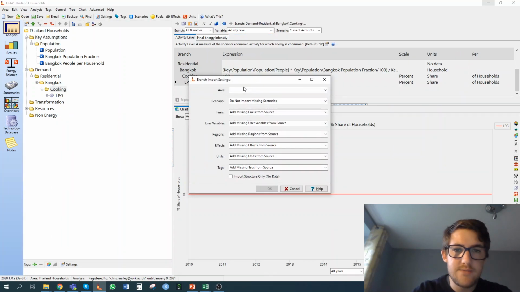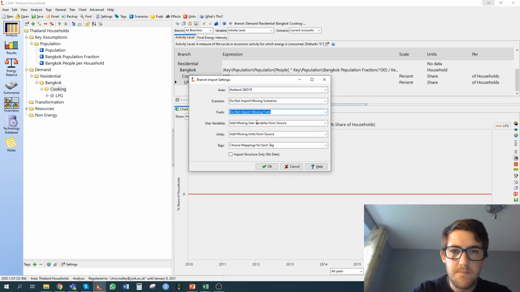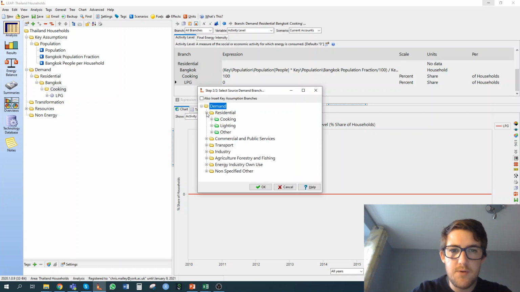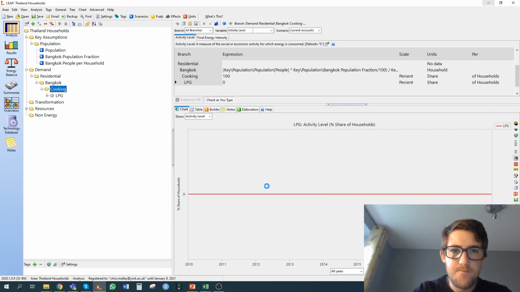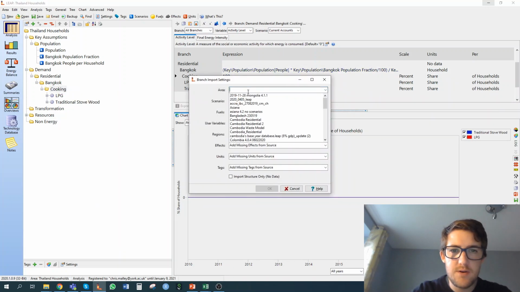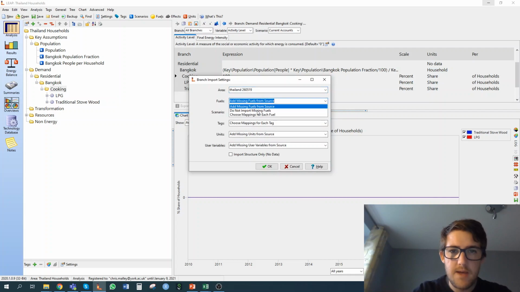I can do that again, select the same branch, and do the same for wood. I can do the same for charcoal.